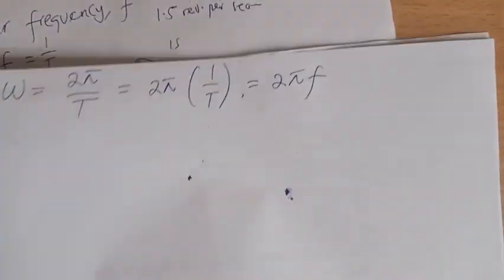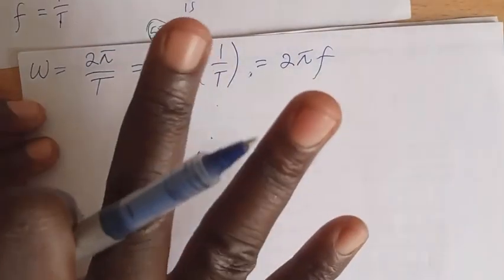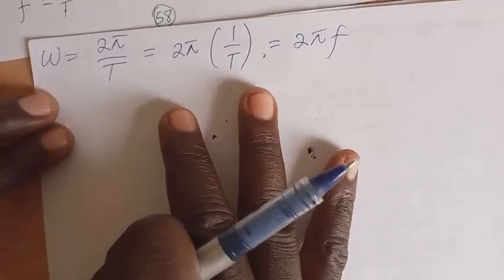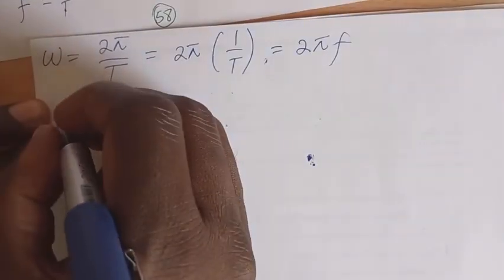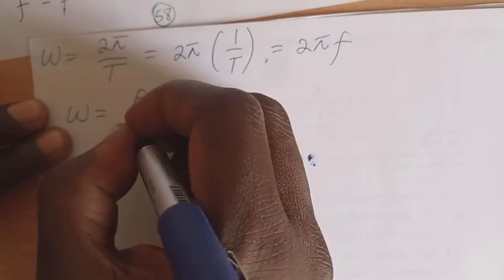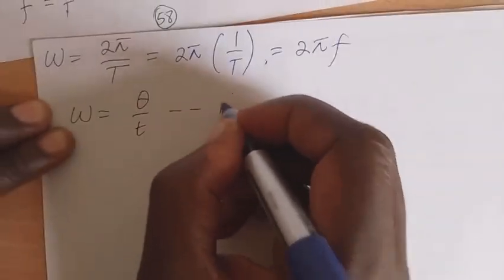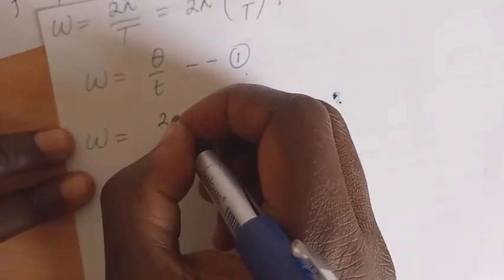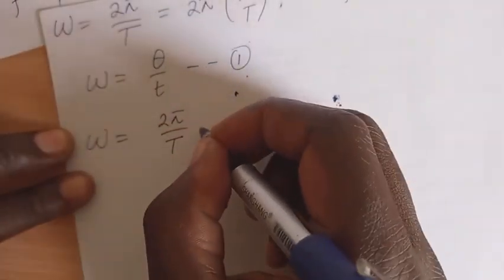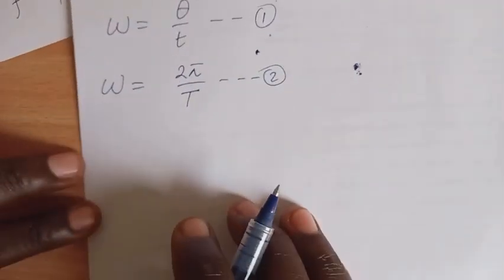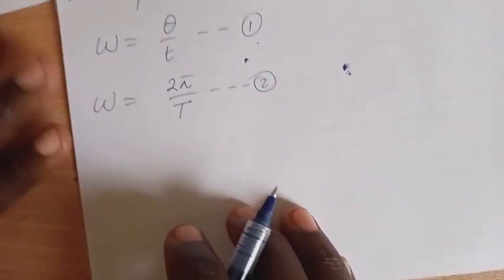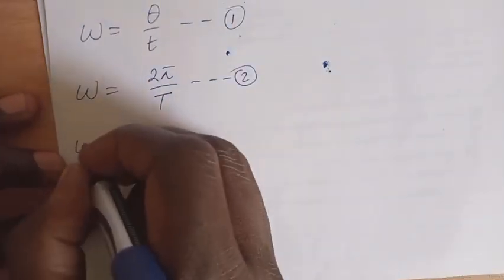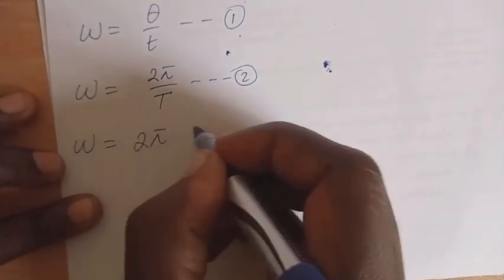In summary, I have about 3 different formulae for measuring my angular velocity. First of all, omega is equal to theta over t, and this is the first equation. Second, omega is equal to 2 pi upon capital T, where capital T is the period. That's the second formula for calculating omega. Finally, this one I've just got, omega is equal to 2 pi f.